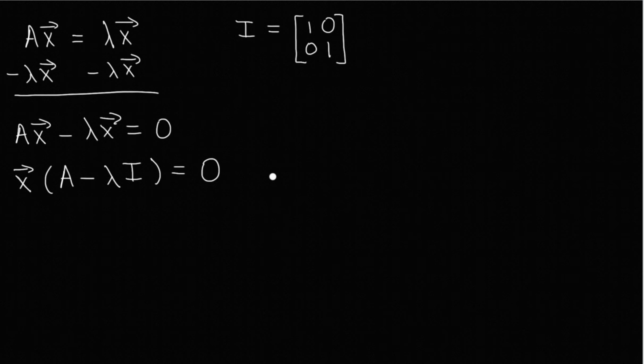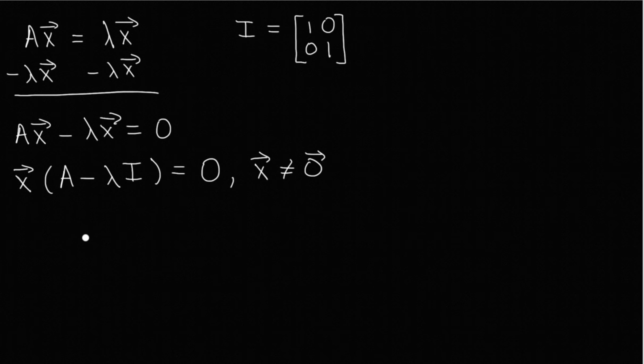So now we need to remember that in this case, the vector x cannot be equal to 0. So vector x can't be the 0 column vector. So we have to assume that x is non-zero, and what that means is A minus lambda I must be equal to 0.